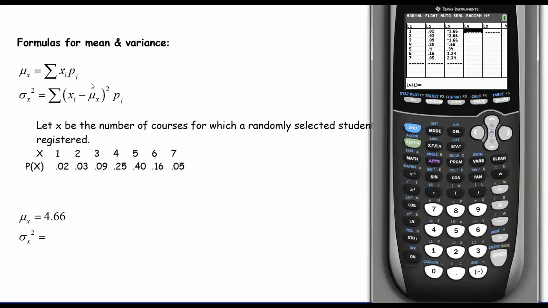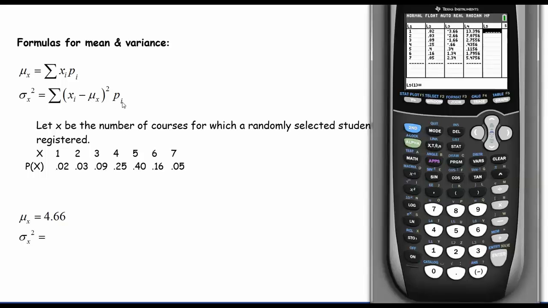And then from here I need to square all of that. So I just need to square list 3. List 3 squared gives us all of those numbers. So now we have observation minus the mean squared.